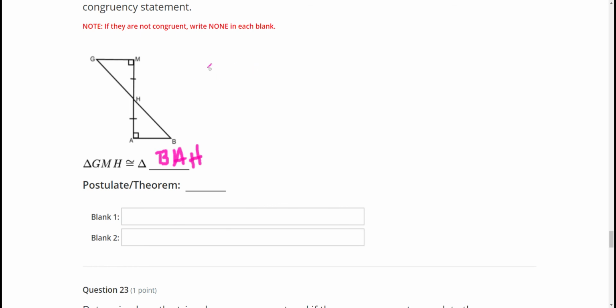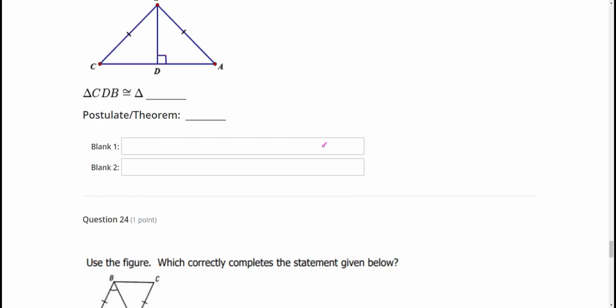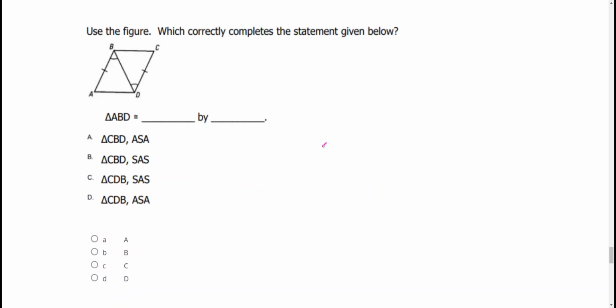The angle is similar only. I like the vertical angles. So I've got a vertical angle, I've got this side that's marked, and then I've got this right angle up here. So this is going to be angle, side, angle, because of the vertical angles. And here we can do side, angle, side.